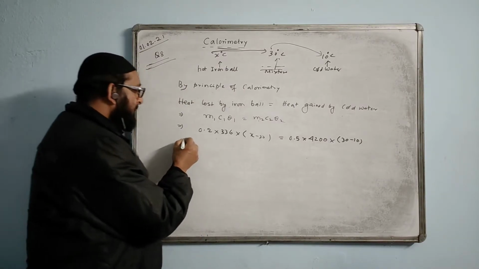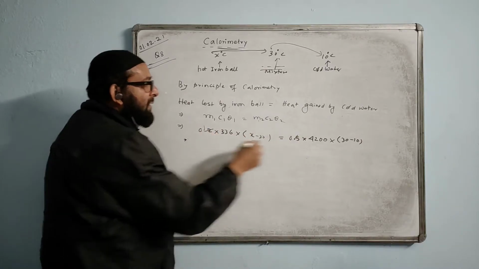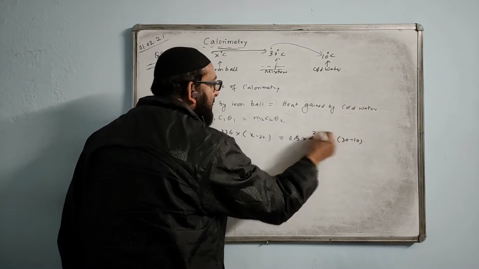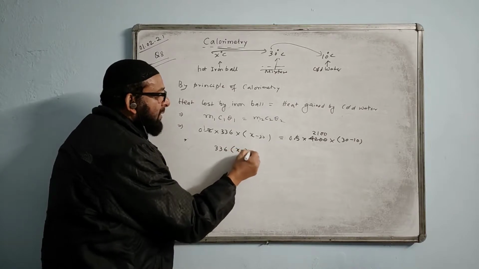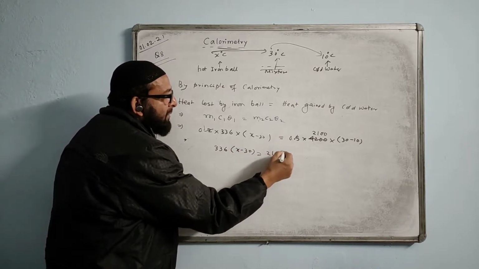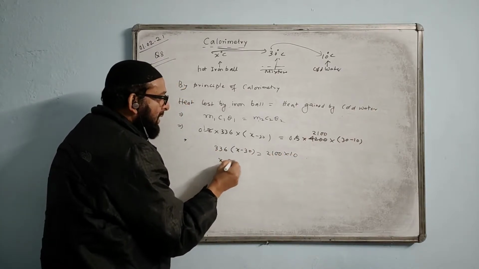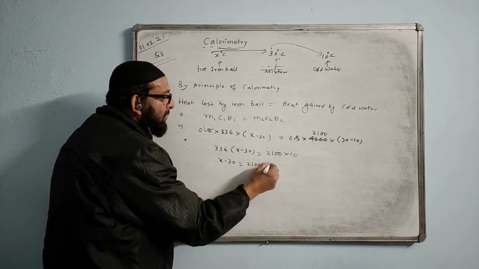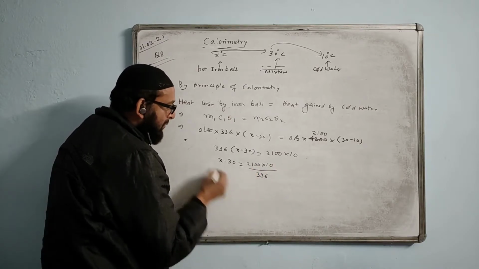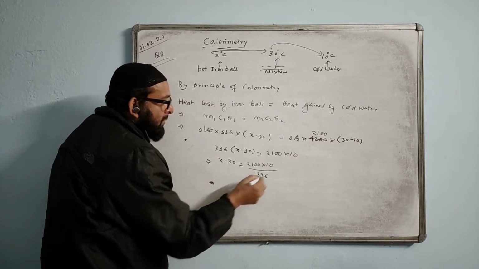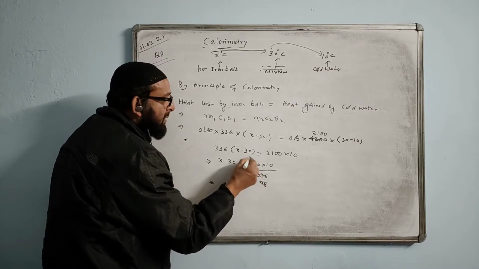Now we will find the answer. The decimal points go, this 2 I cancel, and this will go 2100. We are having 336 bracket x minus 30 equal to 2100 into 30 minus 10, which is 10. Divide with this: x minus 30 is equal to 2100 into 10 divided by 336. Cancel along. With 7 cancel it first: 7 4s are 28, 7 3s are 21, so 300 coming.